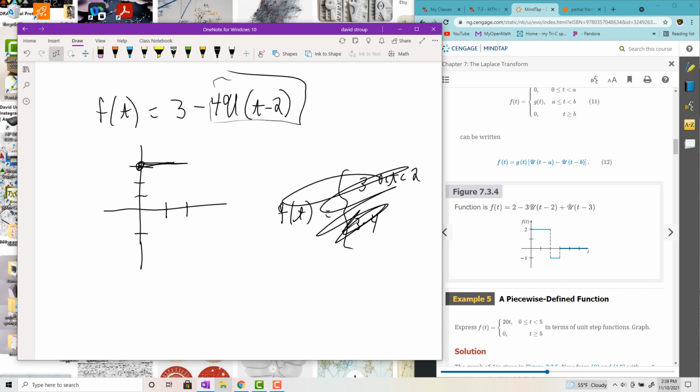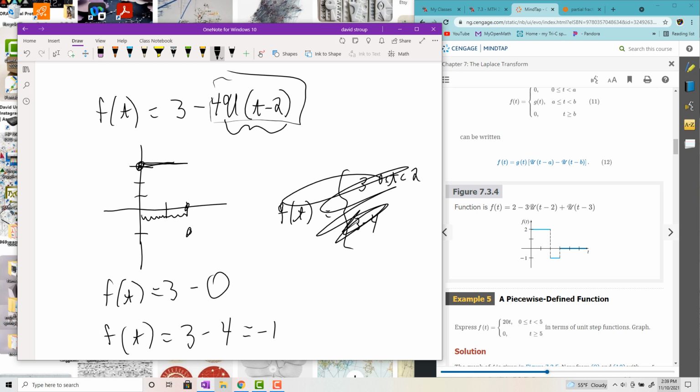So in this region, it's just f of t equals 3. And then once you get to 2, this thing gets turned on. So at first it was f of t equals 3 minus a big 0 because it's not on yet. And then once t gets to 2, it gets turned on, so it'd be 3 minus 4, which is negative 1. So it will jump down to here and keep going.